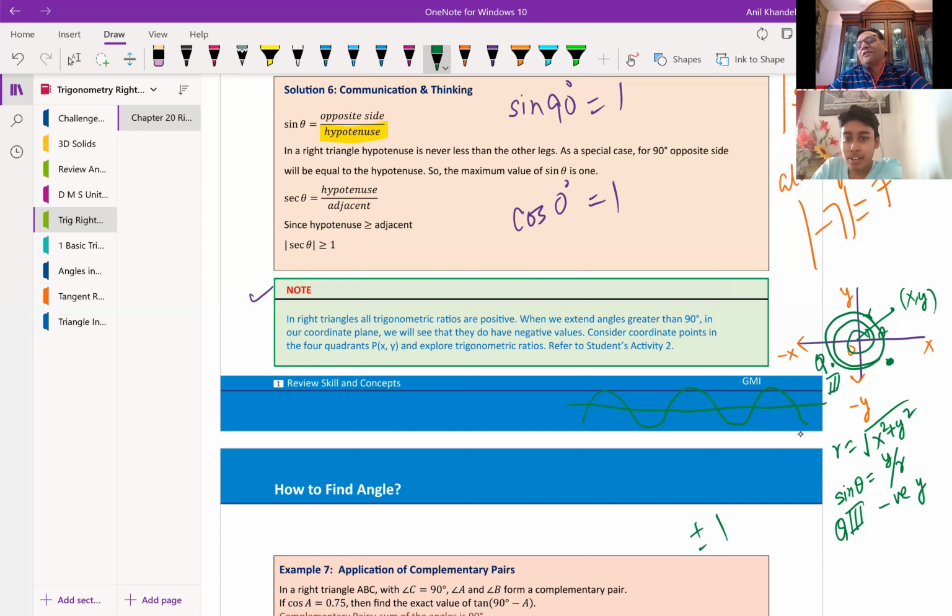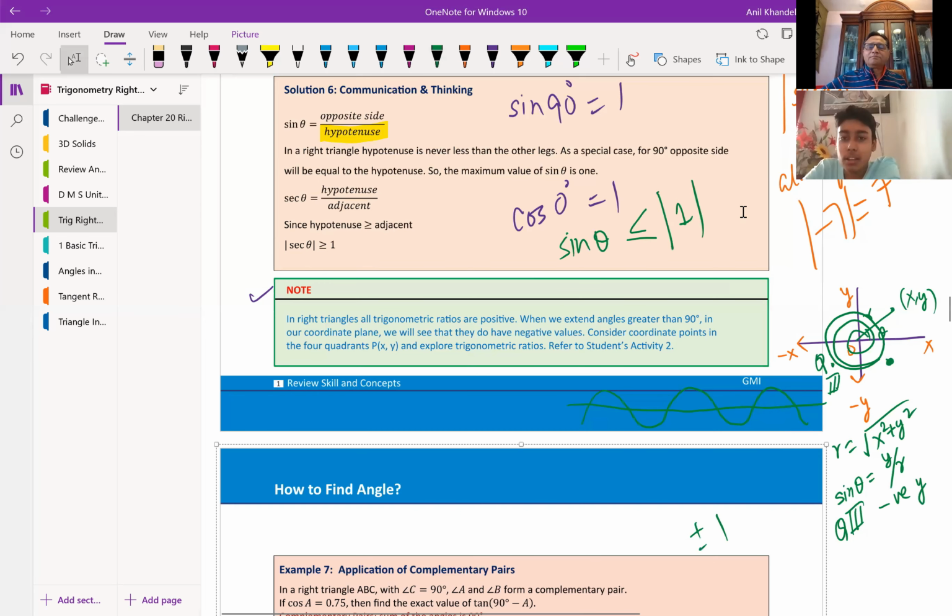And look now at cosine theta, it will never go below -1 also. So it is within the absolute value of 1. What we say is that sine theta is less than or equal to the absolute value of 1, so within plus and minus 1. So that is how we write it. Is that clear to you?